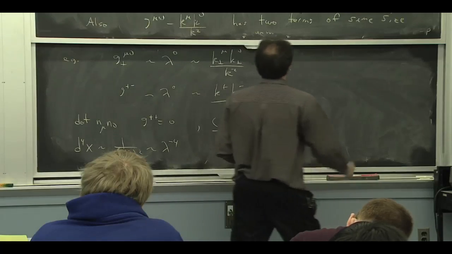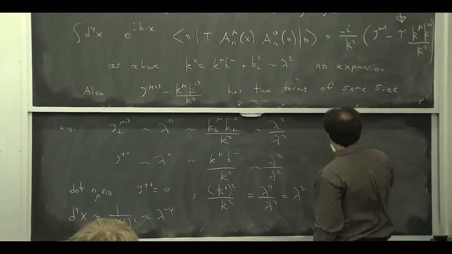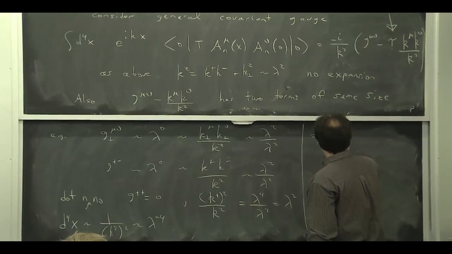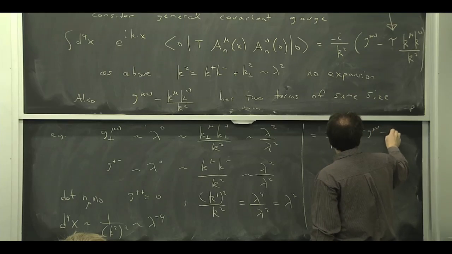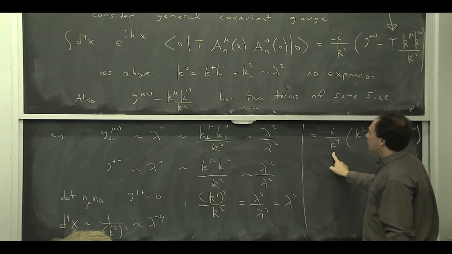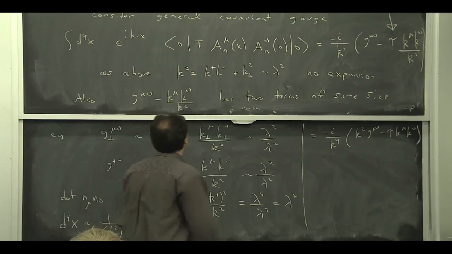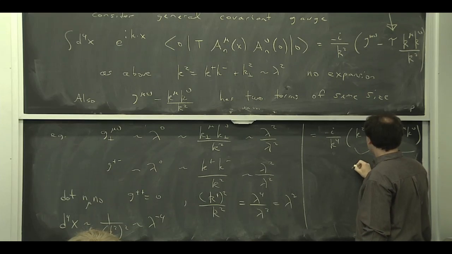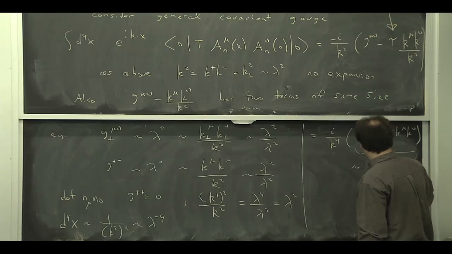And actually, if we were to write this as minus i over k to the 4th, k squared g mu nu minus tau k mu k nu, the k to the 4th just matches up with the d4x. So those take care of each other. And then the fields here have to match up with the rest. So the scaling of this should be the scaling of the A mu, A nu.